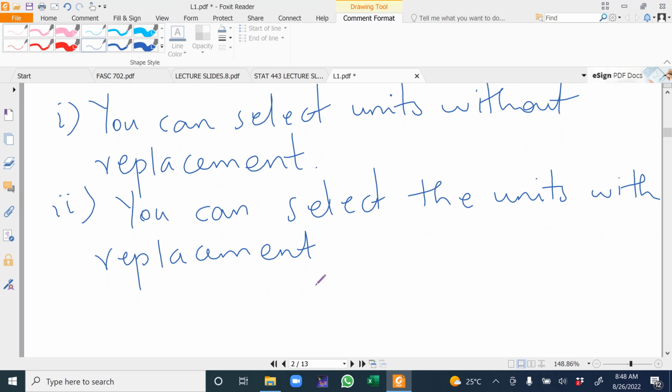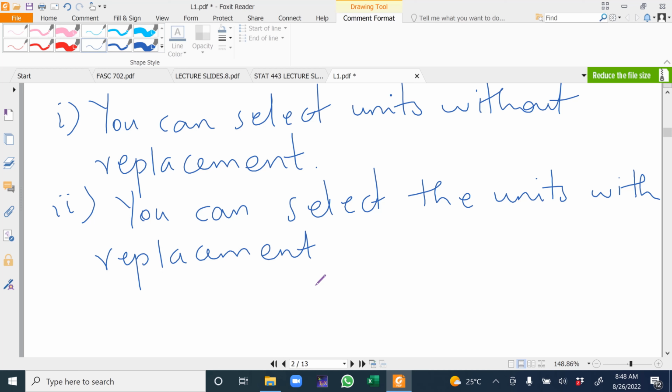Therefore, unless there is a compelling reason, we always select our units without replacement so that we can improve the accuracy of the results.